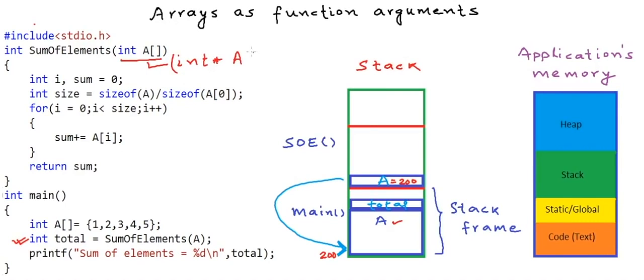That is, this A in this particular format is not interpreted as an array, but as a pointer to integer. So whether you write int, space, variable name followed by these brackets, or you write int star space A, they're both the same. We have a term for this. Instead of copying the value of the variable, we are just copying and storing the address of the variable.